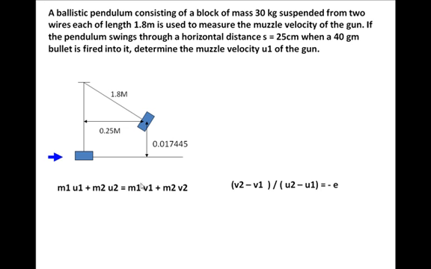Now we write our governing equations, that is conservation of momentum and velocity of separation upon velocity of approach is minus e, and start putting in the values. See, m1, the 1 stands for the bullet, so m1 is the mass of the bullet, 40 gram, that is 0.04 kg, multiplied by u1, the velocity of the bullet which I want to find out, plus m2, the mass of the ballistic pendulum, and u2 is 0, so that term doesn't exist here, and then it is equal to m1 v1 plus m2 v2.